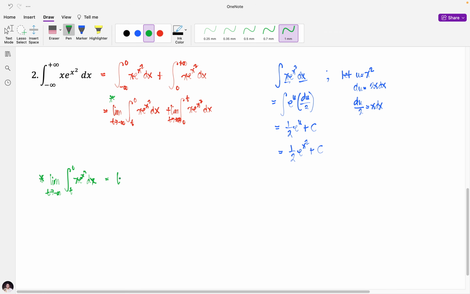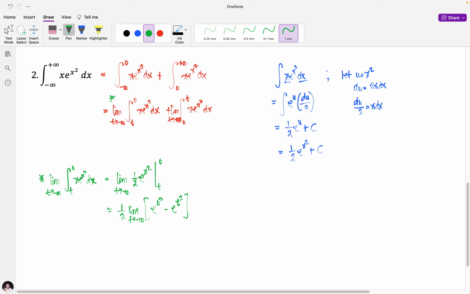That is just equal to the limit of 1/2 e raised to x squared evaluated from t to 0 as t approaches negative infinity. So from that, we now have 1/2 of the limit of e raised to, substitute, so x will become 0, so you have 0 squared minus e to the t squared as t approaches negative infinity.